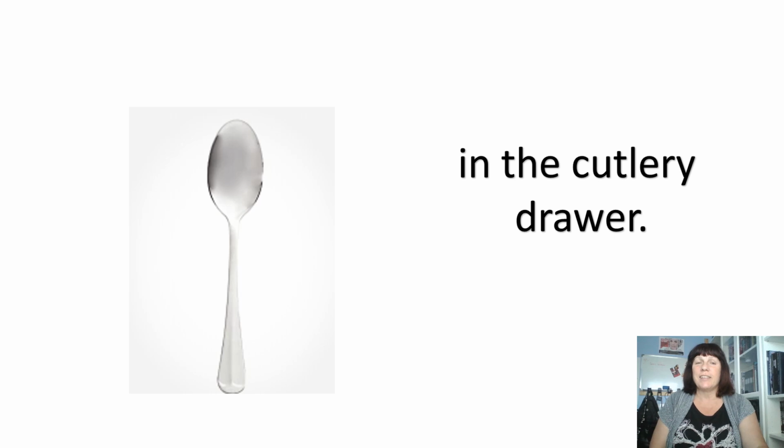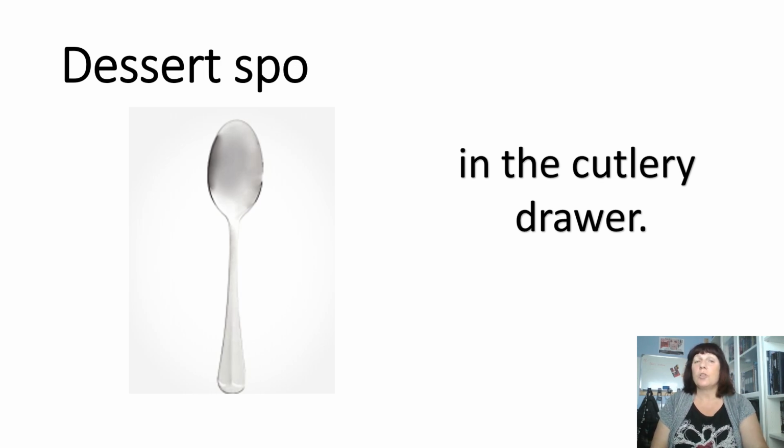What's this? Yes, I know you know it's a spoon. What type of spoon? It's a dessert spoon. Now, in some areas of the country, people use the word pudding.